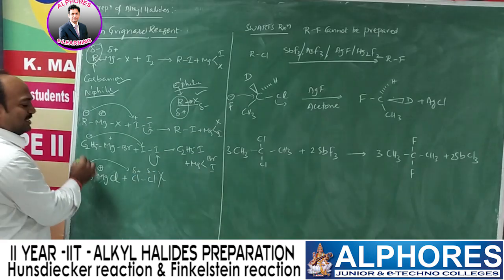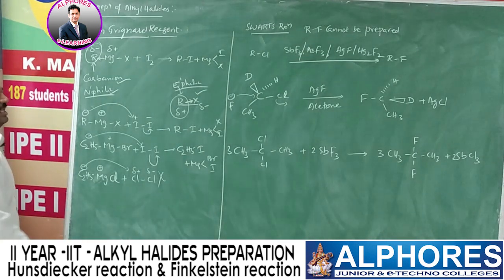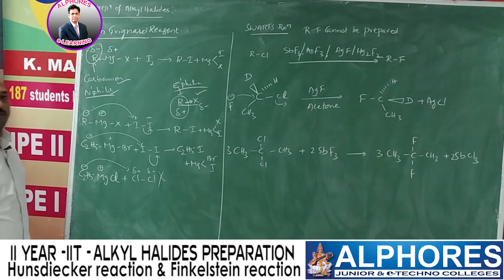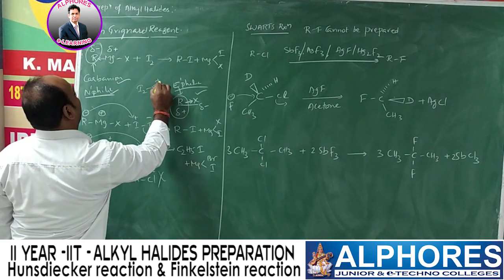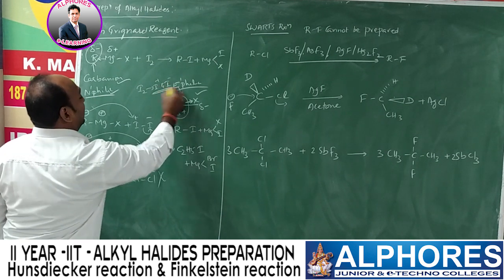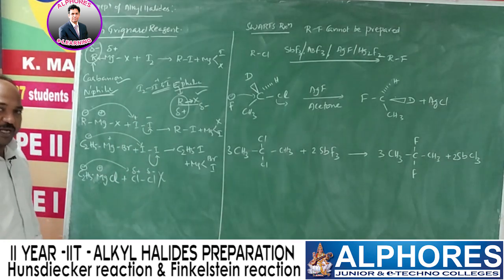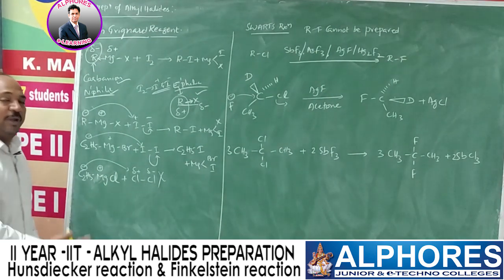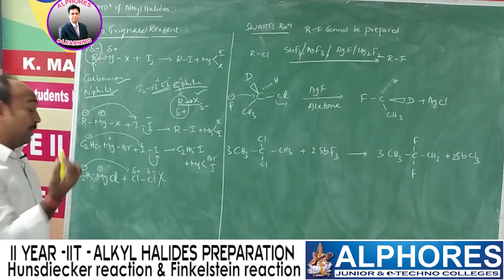Simply we can say, because of the large size of iodine, the I2 molecule can exist and dissociate as I plus and I minus. The same scenario we cannot expect in case of chlorine and bromine, because they have less tendency to dissociate into ions and they prefer homolytic fission rather than heterolytic fission.